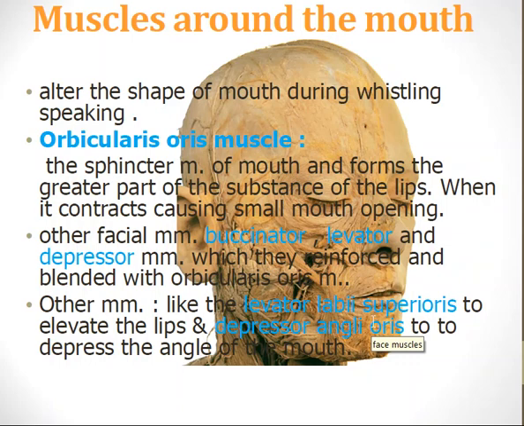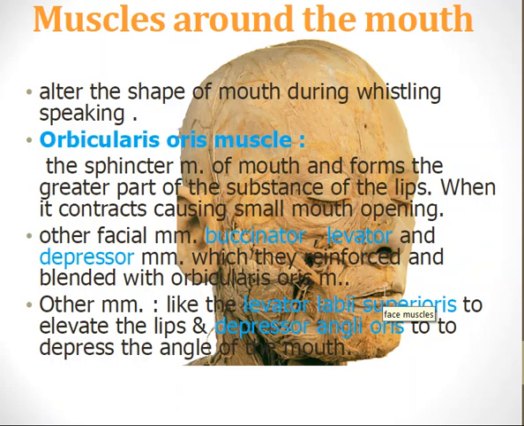Other muscles present in the face, like the buccinator muscle in the cheek, and also the levator and depressor muscles present around the mouth, are very important, and they are actually reinforcing the function of the orbicularis oris, the main muscle, and are also blended with it. So there is no actual bony insertion for the depressor and levator muscles. They are blended with the orbicularis oris muscle.